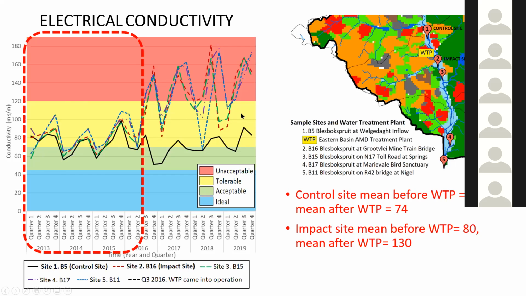But all the other sites, which are all downstream of the water treatment plant, have increased tremendously. So the big takeaway here: the control site mean before the water treatment plant was 71 and the mean after was 74, so it's acting as a control site. And for the impact site, the mean before was 80 microsiemens per meter, and the mean after was 150.